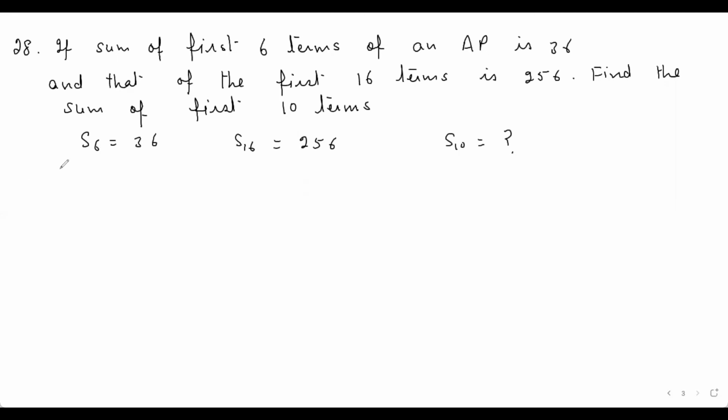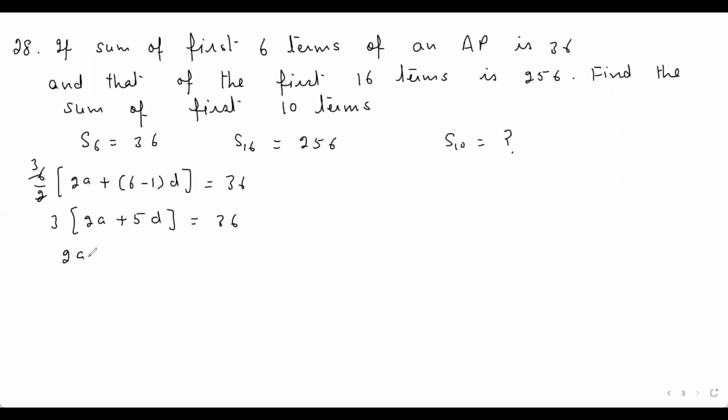Now S6 is equal to 36. It means 6 by 2, 2a plus 6 minus 1 d is equal to 36. 2 3s are 3, 2a plus 5d is equal to 36.